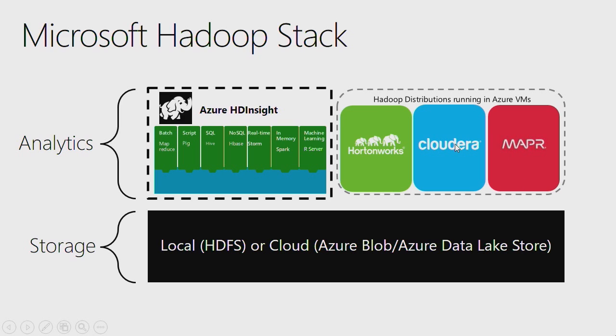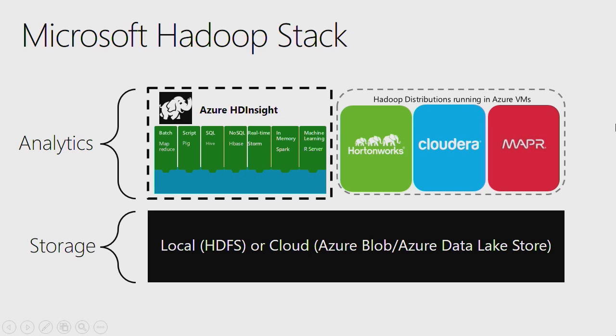On top, there are two choices you have. You can either use infrastructure as a service, which is the right part, which I'm highlighting here. In infrastructure as a service, you go to our marketplace and you deploy your favorite vendor's bits on Azure VMs. The only difference is, instead of running Hadoop on your on-prem nodes, you would run Hadoop on the Azure VMs.